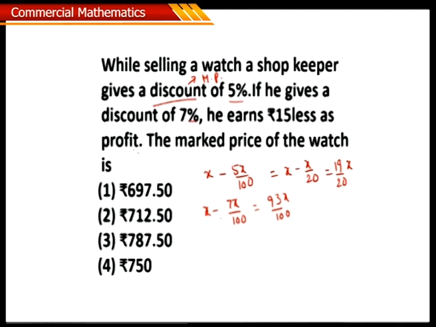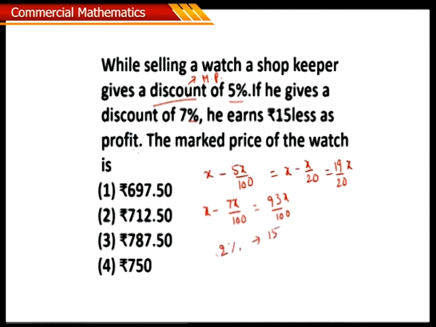Profit is the difference of selling price and cost price. Here after giving a discount you are getting the selling price. So when the difference is 7% and 5%, what is the difference? 2%. When it is 2%, you are getting 15 less as a profit.